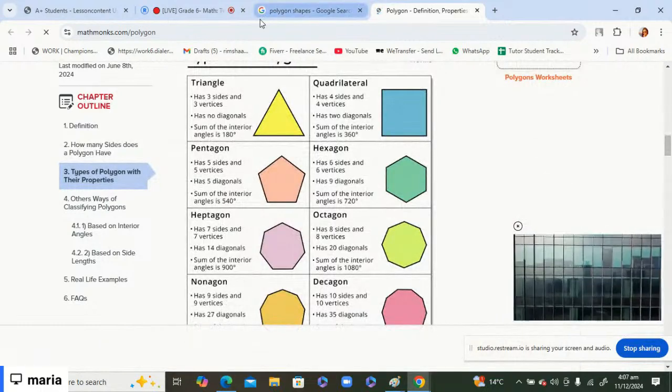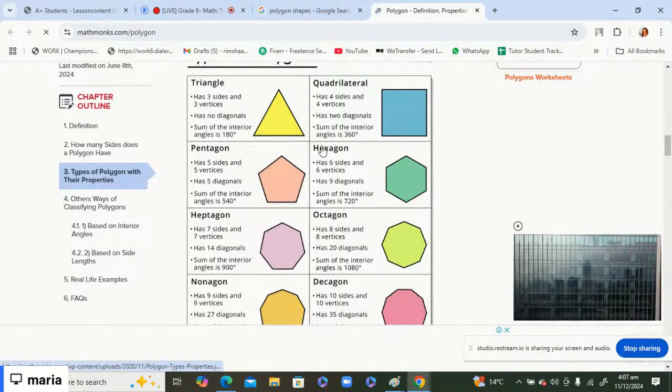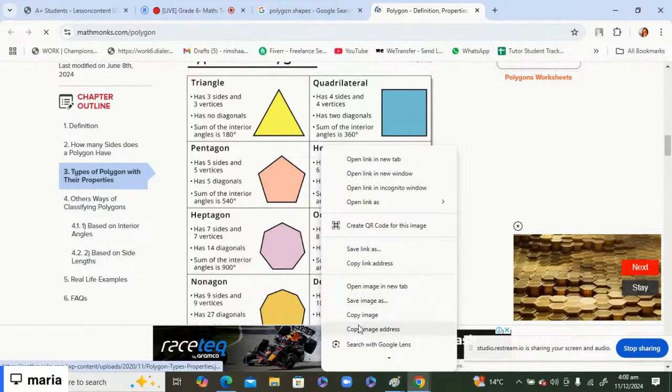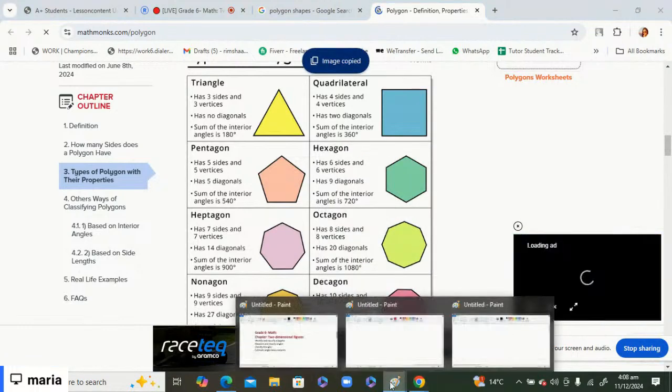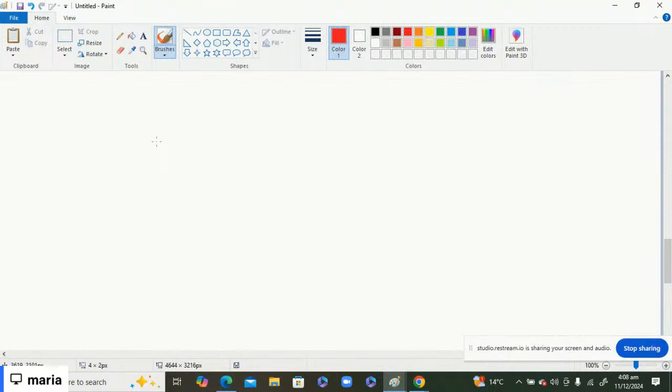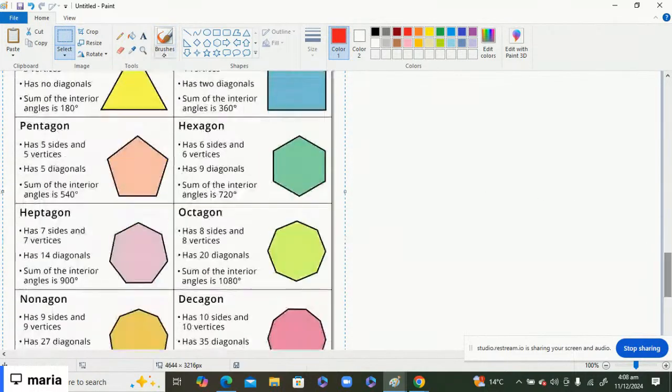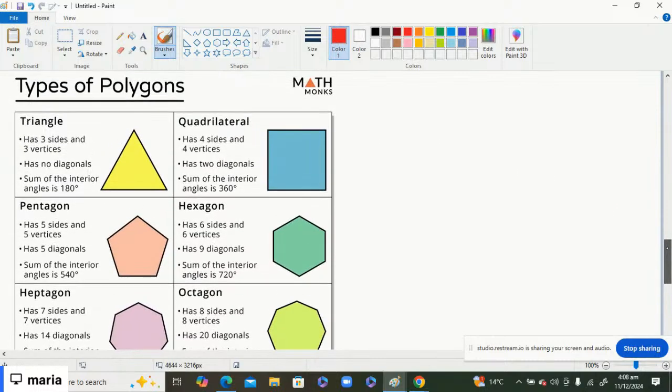Like for example, we're going to put it here. So look at here, first of all, if we are talking about the triangle. For the triangle, how many sides?